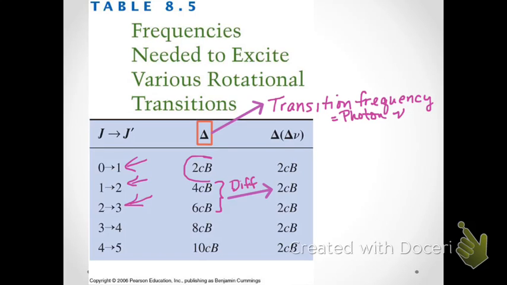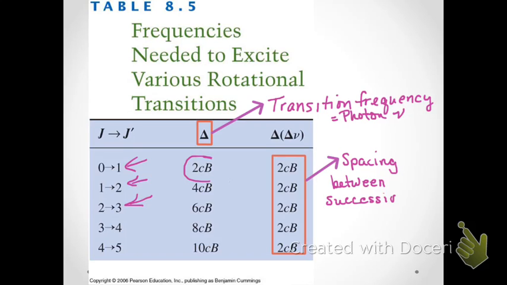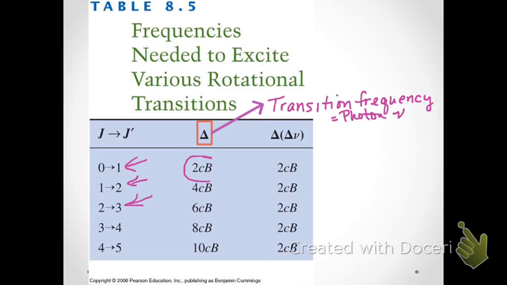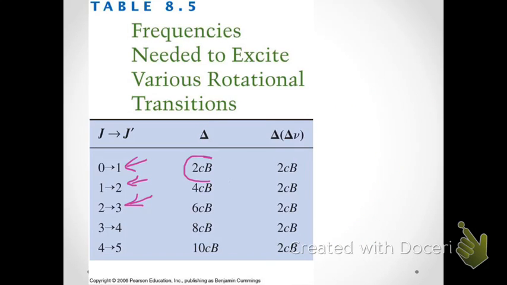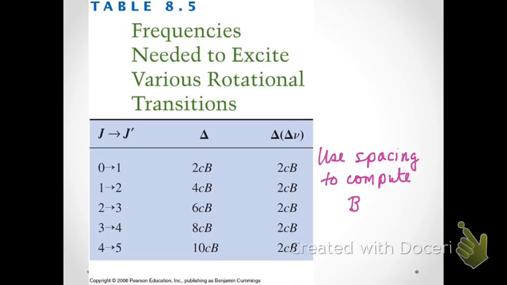The difference between the 1 to 2 and 2 to 3 transitions is also 2cB, and as we go down the list, the spacing is always equal to 2cB. This means if we analyze our spectra and look at the spacing between the lines, we can use that spacing to compute the rotational constant B.